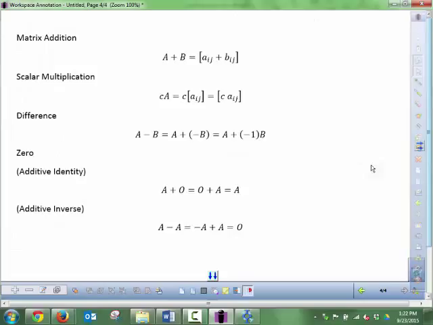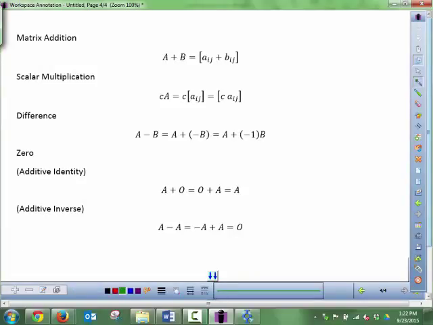So for matrix addition, it's important that the two matrices that you're adding have to be the same size. And as you would guess, when you do matrix addition, you would just add component by component. For scalar multiplication, when you multiply a matrix by a scalar, you multiply each and every one of those elements by that scalar.